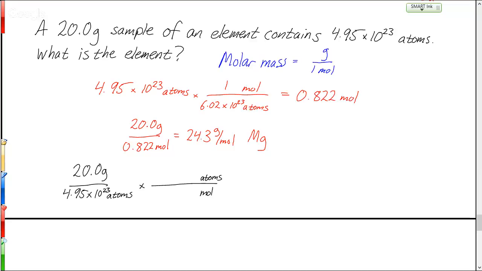Use that same conversion factor. We cancel atoms, and our final answer here is going to be in grams per mole, which should give us that same number. So grams per mole is what we're looking for there. All right, let's keep working on this.